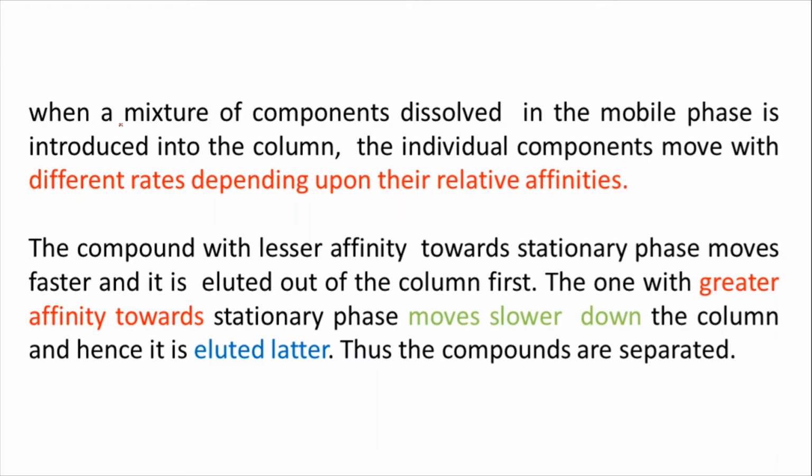So here, when the mixture of compounds is dissolved in the mobile phase and introduced in the column, the individual compounds move at different rates depending upon their relative affinities. The relative affinities mean how the molecules interact with the stationary phase and how they interact with the mobile phase.